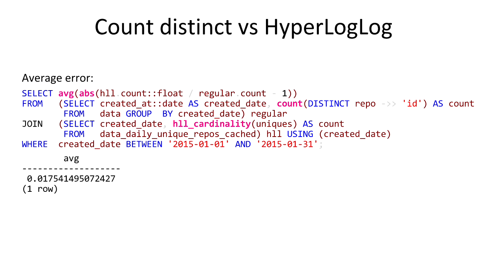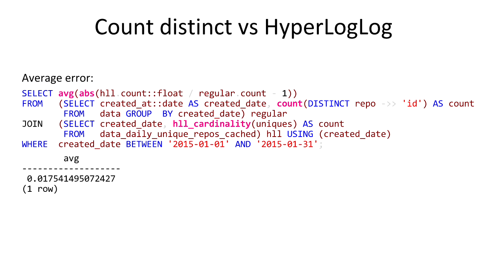Now, I don't recommend you type this query, but this was a query to see the average error that we get across all these days if we compare the actual Postgres or SQL distinct count versus the HLL distinct count that we have in our cache table.